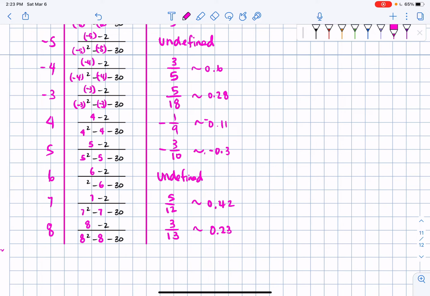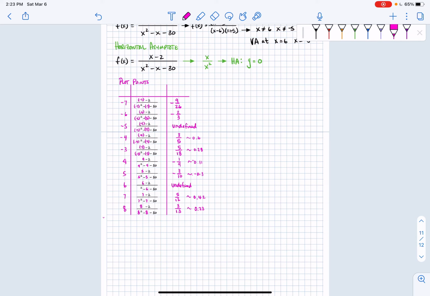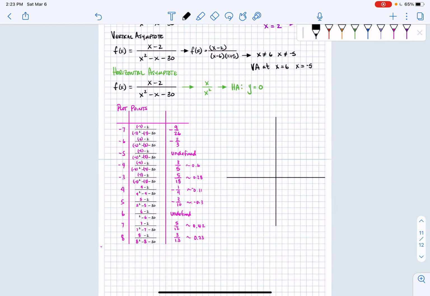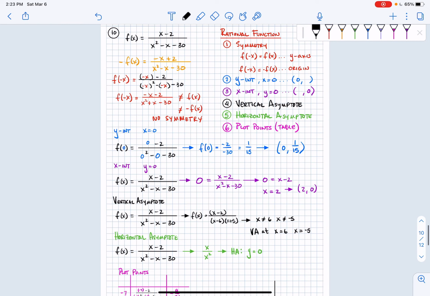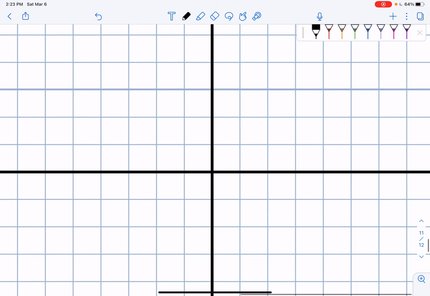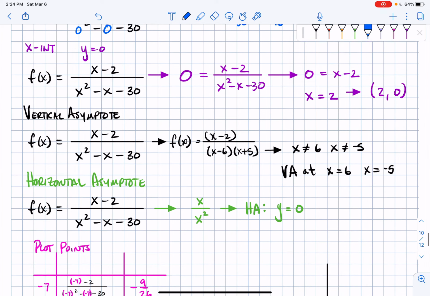Awesome. So now I got a bunch of points here. So let's go ahead and see how well we graph this. All right. What do I have? No symmetry. I got y-intercept of 0 and 1/15. So 0 and 1/15 is probably somewhere here, right? Very close to the origin, but not.